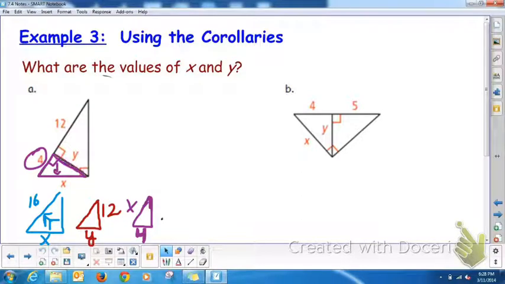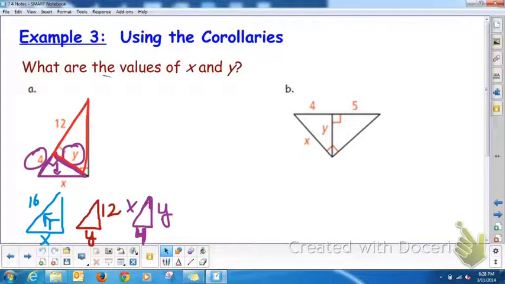So the long leg of this smaller purple triangle is y. So this side is y. This is 4. So now I'm going to use the red triangle, which was the medium-sized one, and the purple triangle.